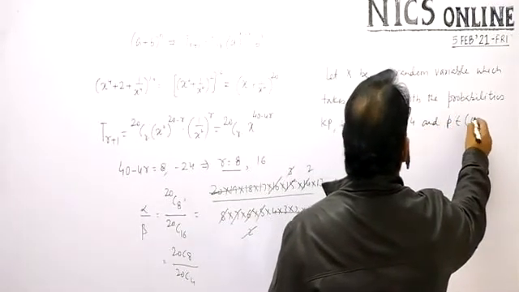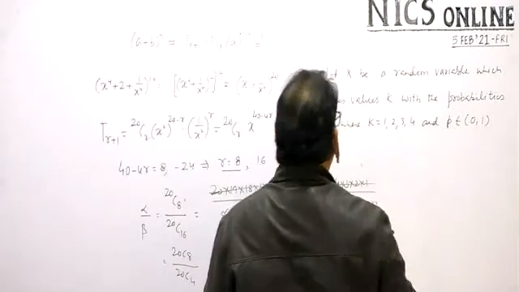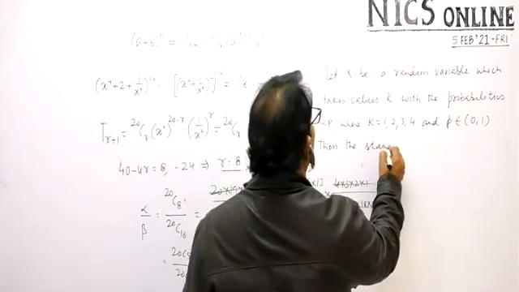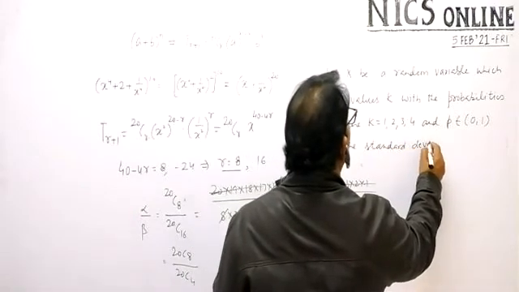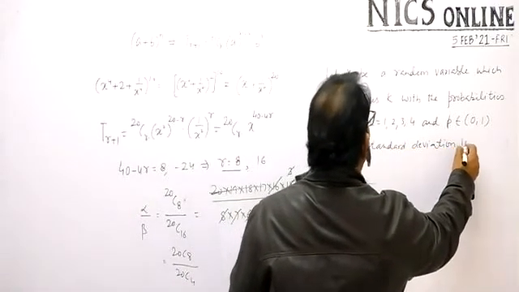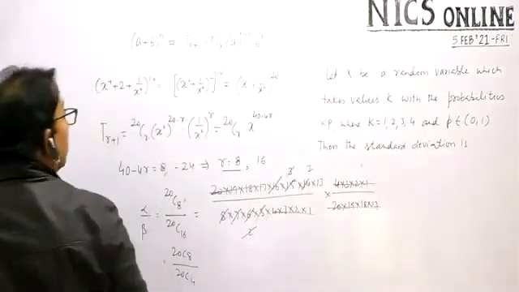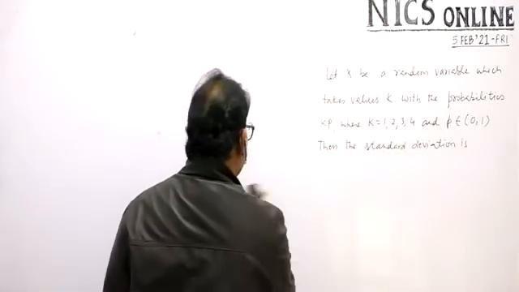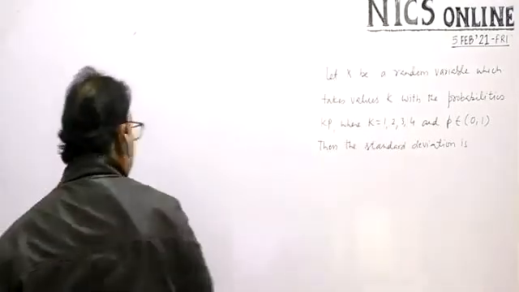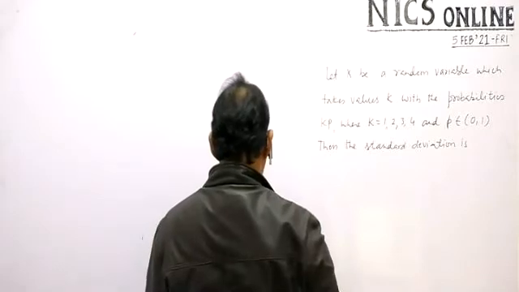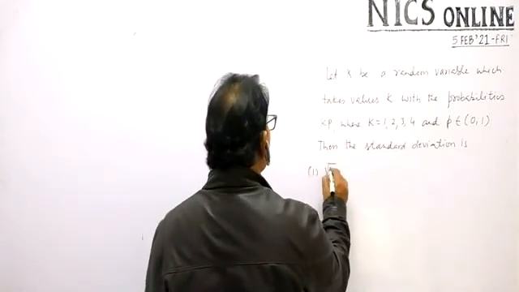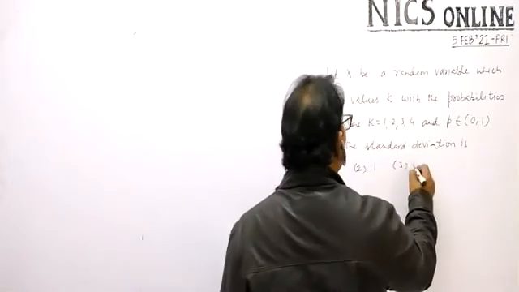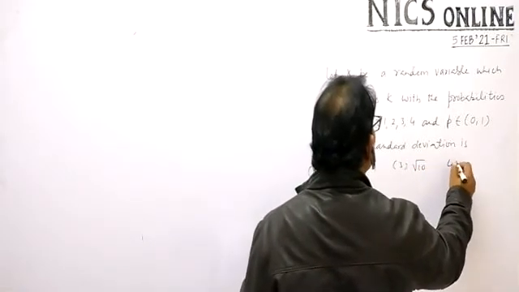P belongs to open interval 0 to 1. Then the standard deviation is... this is a question from probability where we use random distribution and find variance, mean, and standard deviation. Answers are root 7, root 7, 1, root 10, and fourth option is 3.